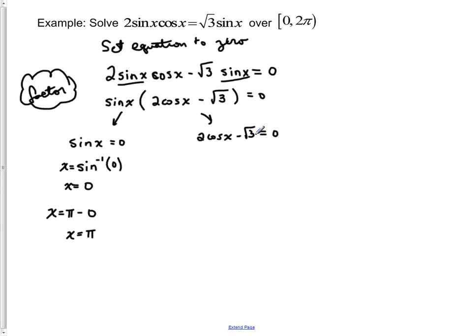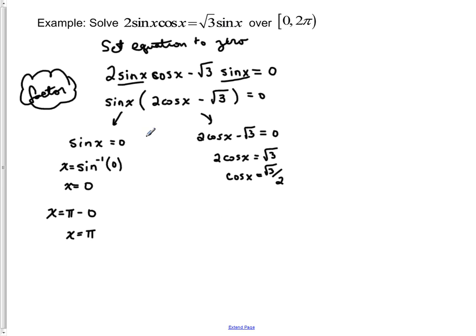Now the other one's a little bit more complex, but not so much so, because we know that if we added the square root of 3 to both sides, and then divided both sides by 2, we're going to have a cosine of x, some angle, equal to radical 3 over 2.